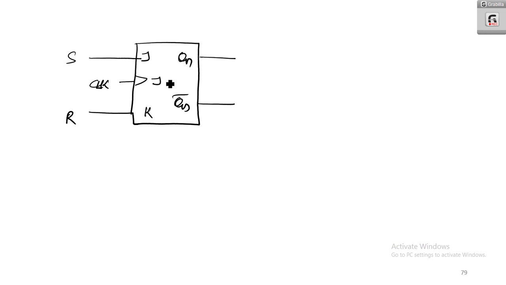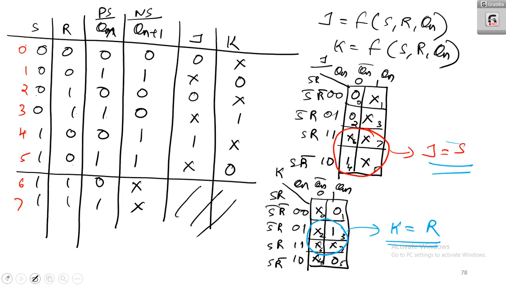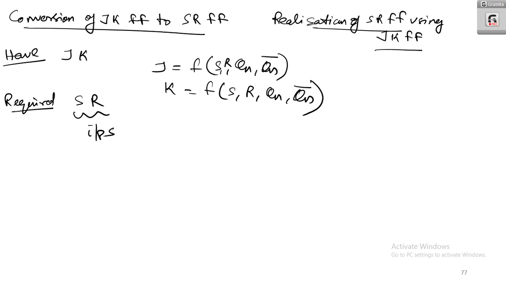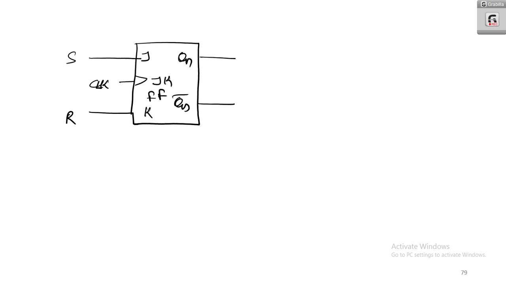So this is basically a JK flip-flop. Now I have converted this JK to the SR flip-flop. When J is equal to S and K is equal to R, the JK flip-flop acts as an SR flip-flop itself.